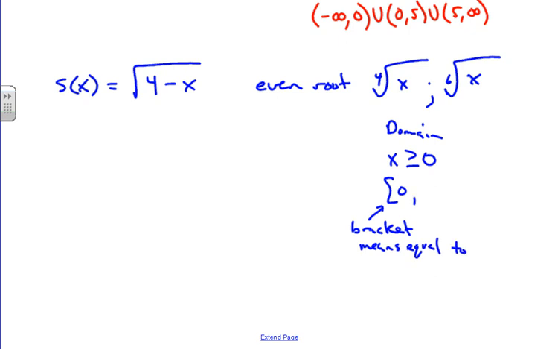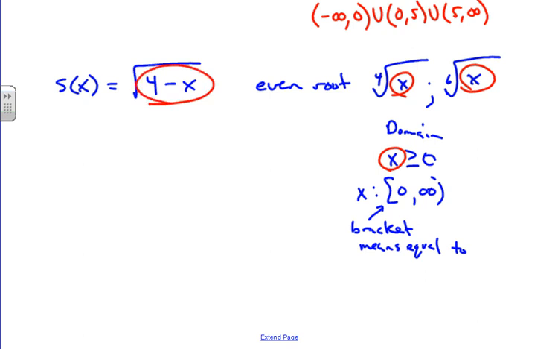The comma says we're going to infinity, and that's our domain. So x, the independent variable, can go from 0 to infinity, or you can write it like this. Either one, they mean the same thing. We use that term knowing that the input inside here always has to be greater than or equal to 0.